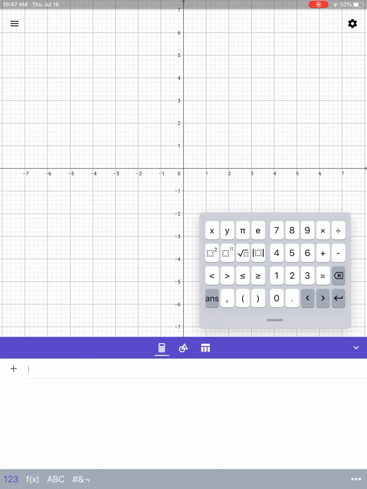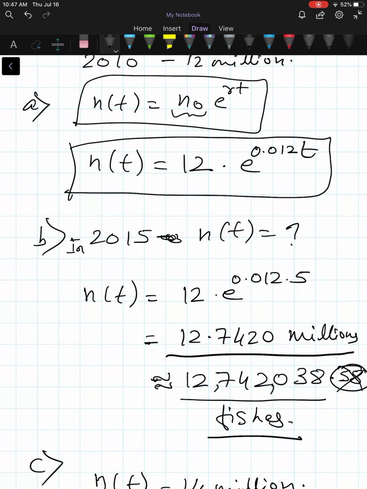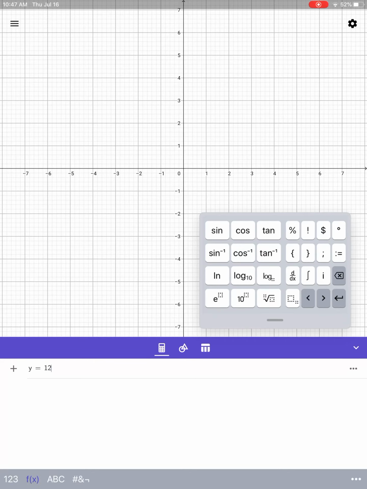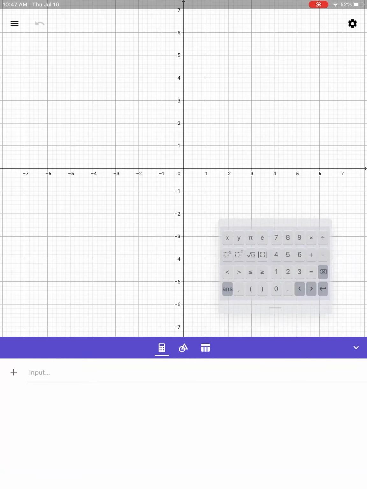So y is equal to, where N of t is y, and N naught, the initial population, was 12, times e to the power of 0.012 x, correct?